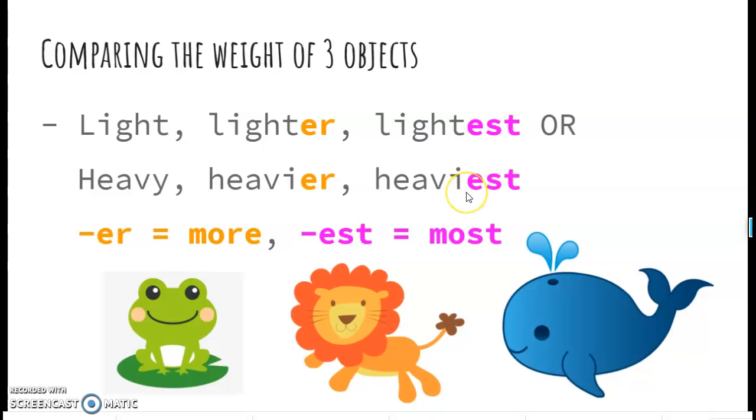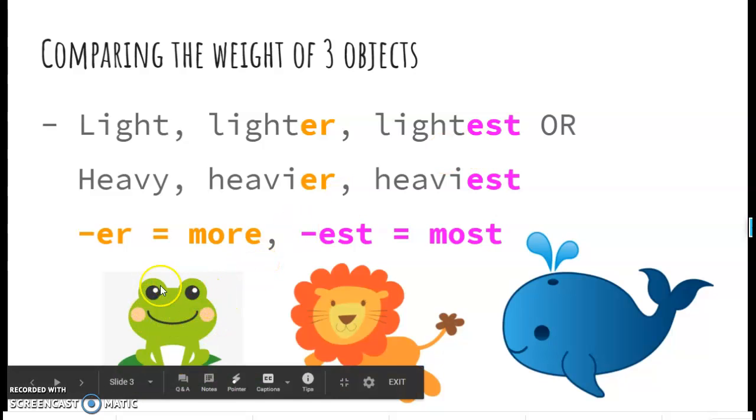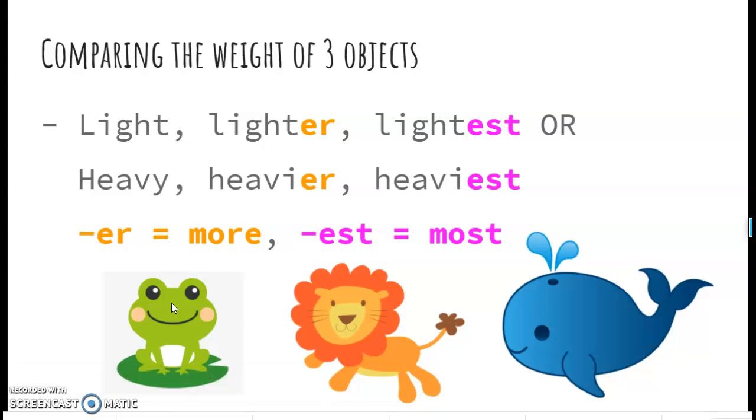So I could use these groups of words now to compare my animals. For light, lighter, and lightest, let's start with the lightest. Which of these animals is the most light? I would say that's the frog. I know that he has the least amount of weight because, again, I can pick him up. Which one would be lighter?